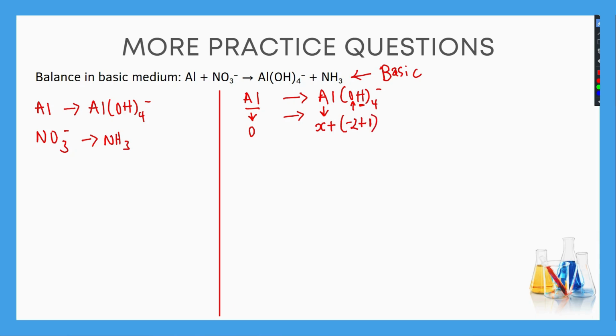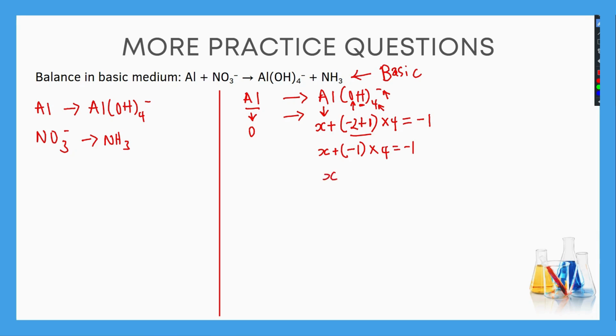So we close the bracket. The subscript of 4 indicates that everything in the bracket is multiplied by 4, and that is equal to the overall charge, which in this case is -1. So we have X plus -2 plus 1, which gives us -1, times 4, equal to -1.